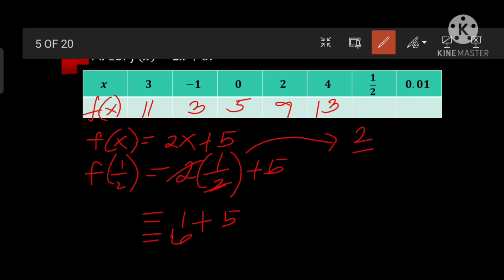Because 2 can be written as 2 over 1, and then times 1/2. So 2 times 1 is equal to 2, and then 1 times 2 is equal to 2. When we multiply fractions, we simply multiply numerator to numerator and denominator to denominator. So therefore, 2 divided by 2 is equal to 1. Or we can directly cancel out 2 here, and then we have 1 over 1, so therefore we have 1. And 1 plus 5 is equal to 6. So we have 6 here.